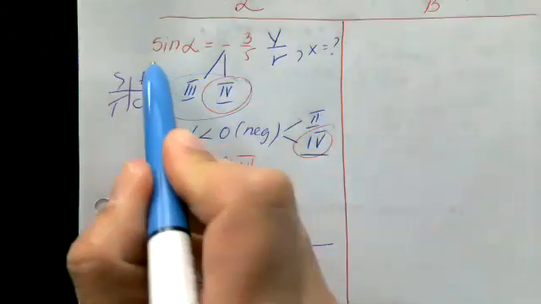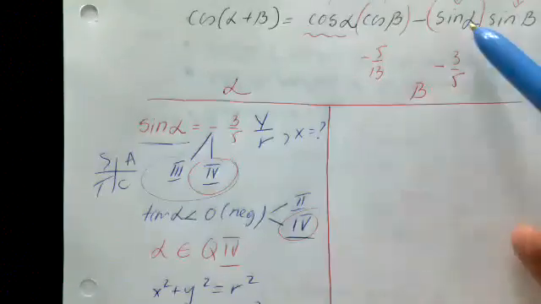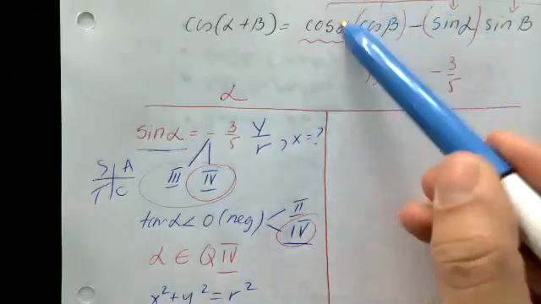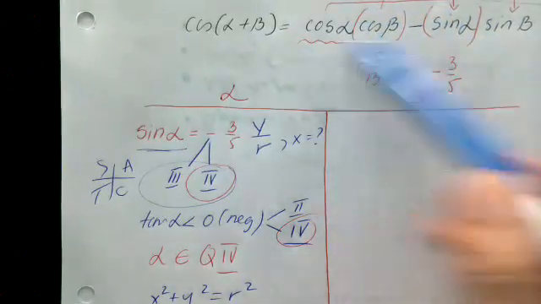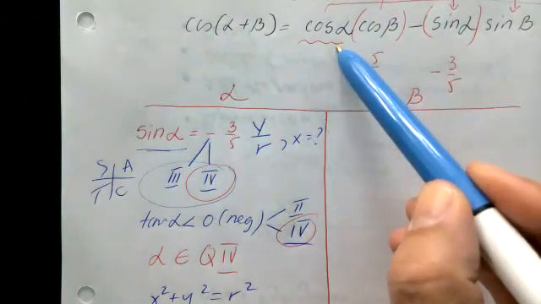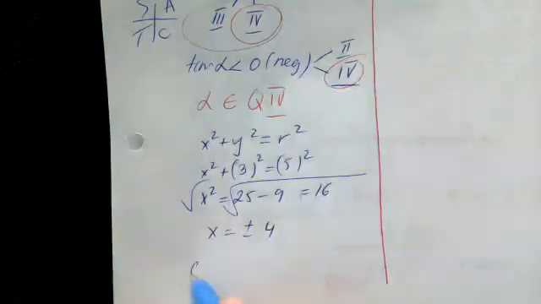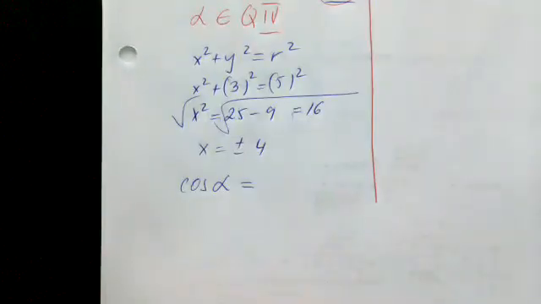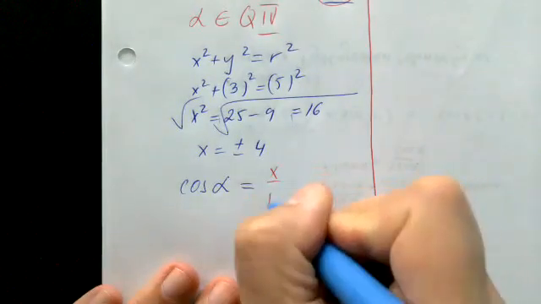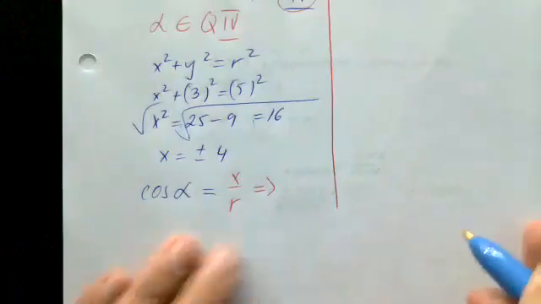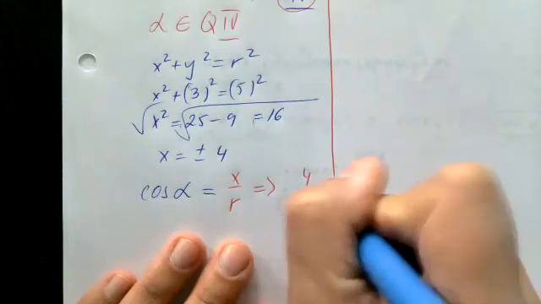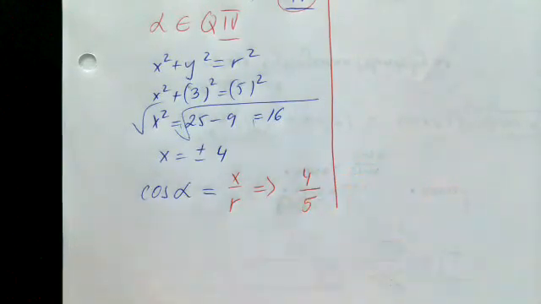So I'm given sine of alpha, so I know it. What I need to have for this expansion is cosine of alpha, right? So we're going to calculate the cosine of alpha. Cos of alpha, the formula is x/r. X is 4, r is 5.